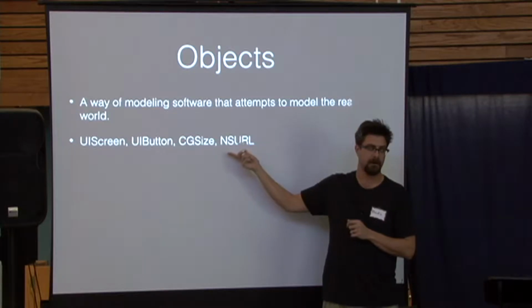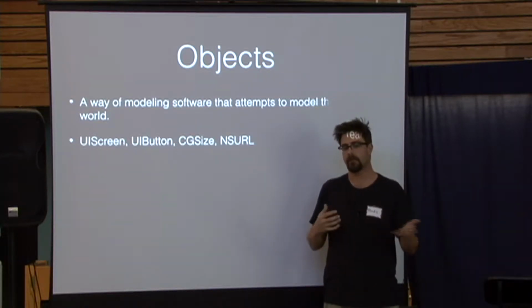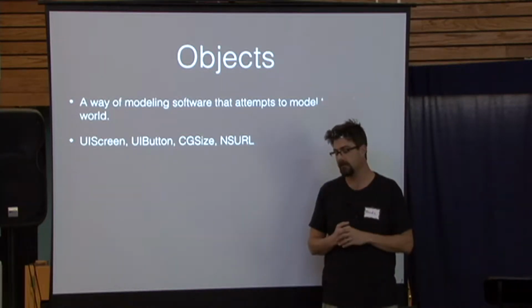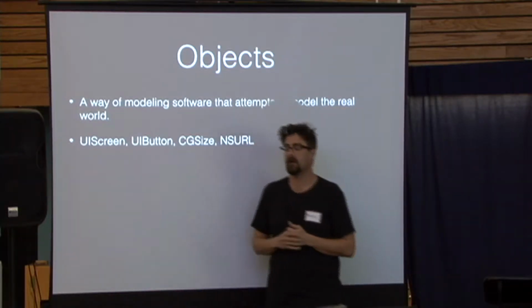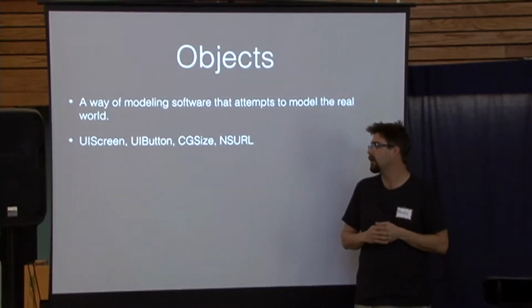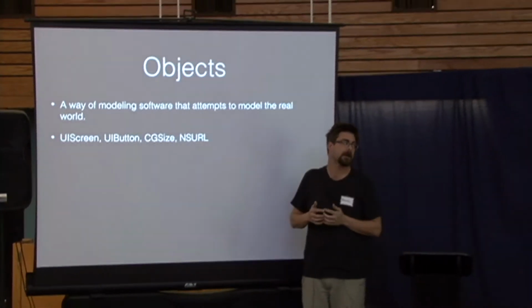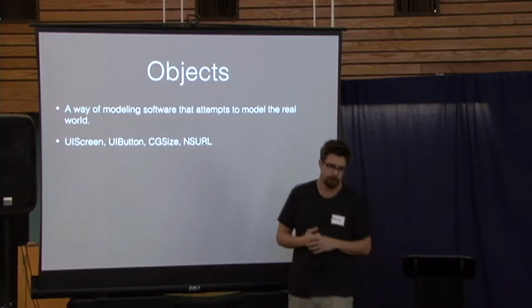So a lot of the classes you use when programming for Apple are 20 plus years old, which is kind of nice, so they're very well understood. The UI classes are almost 10 years old now. CG size is 20, 30 years old. So this stuff's been around, and people know how to use it.